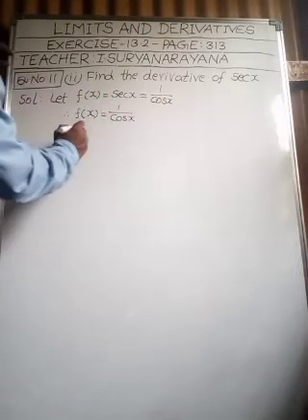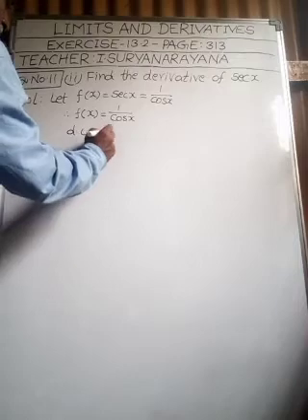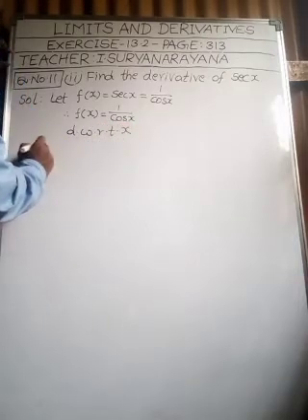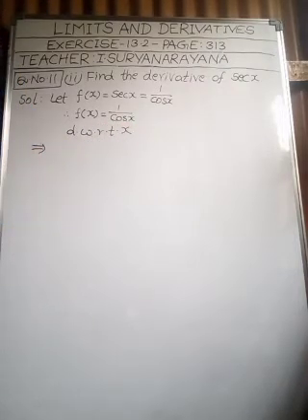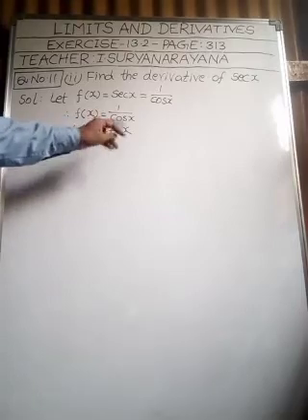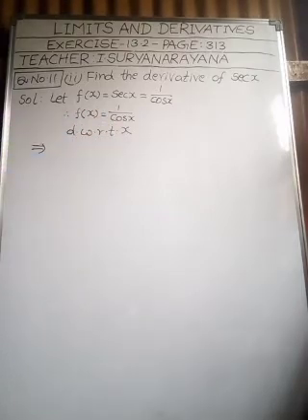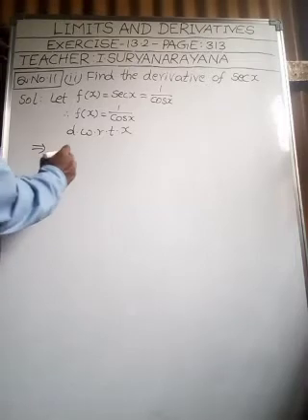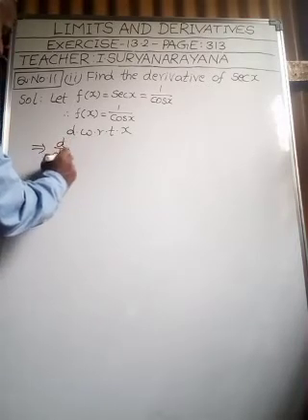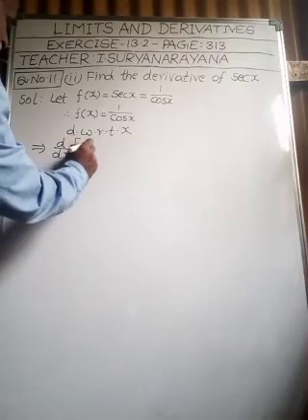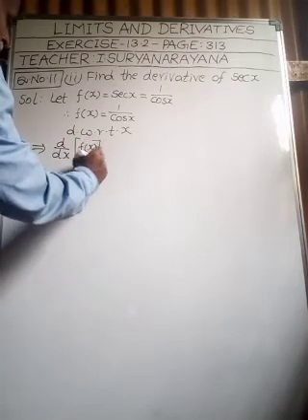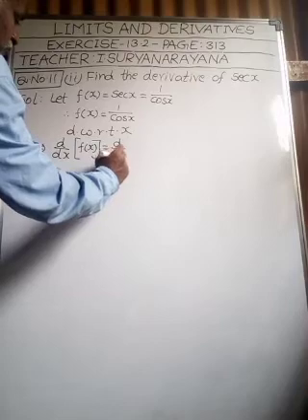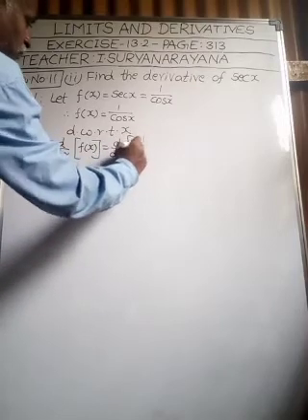Okay, my dear children? So, differentiating with respect to x. What is the differential operator? We are differentiating these functions with respect to x. Yes, you should remember the differential operator also, my dear children. So d by dx of f of x is equal to d by dx of 1 by cos x.